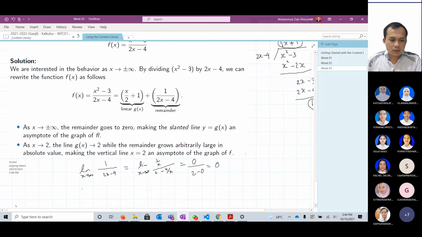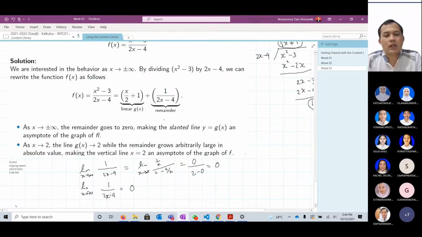And also limit x goes to negative infinity of 1 over 2x minus 4 is also 0. So in this case, as x goes to infinity or negative infinity, the remainder will become 0, but we still have this linear part, which is x over 2 plus 1.